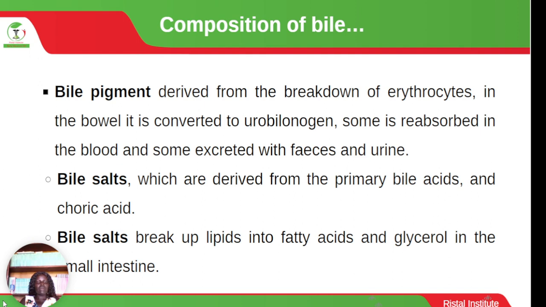So bile pigments are derived from the breakdown of erythrocytes. The bilirubin in the bile is converted to urobilinogen. Some is reabsorbed in the blood and some is excreted with feces and the urine out of the body.